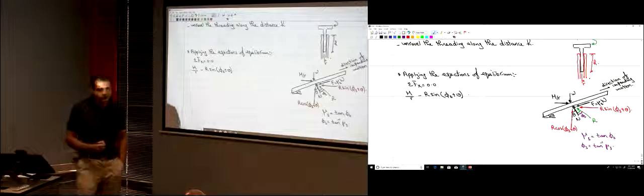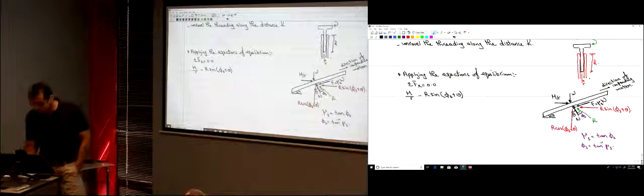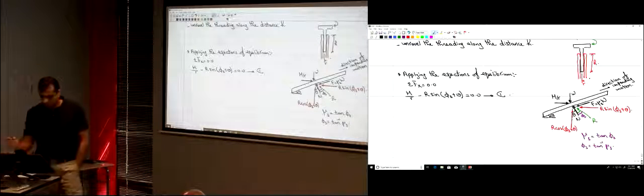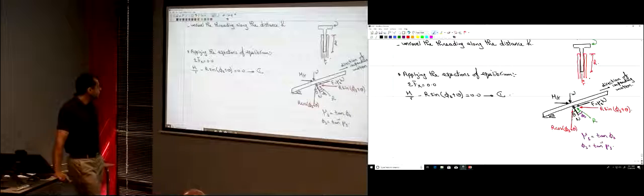Any other horizontal force? That's it. So that's equal to 0. That's equation 1. We're interested in finding M. So M is a function of R, but we don't know how much R is. We don't want this equation to be a function of R.